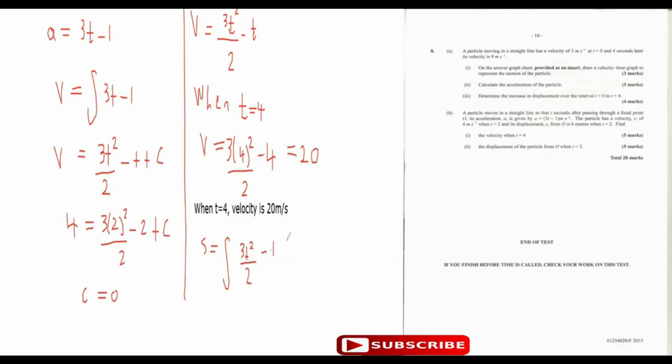All right, so when we integrate this with respect to t, what we're going to get is s is equal to, add 1 to the power, so we get 3t cubed over 3 minus this becomes t squared over 2 plus some constant c.